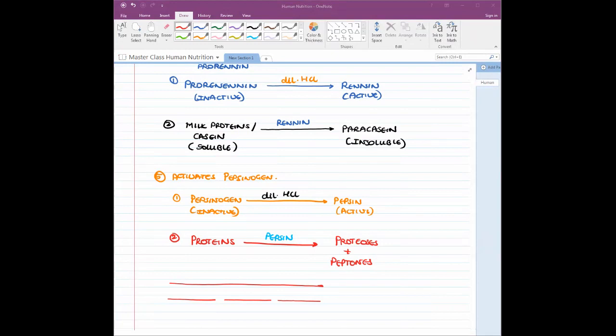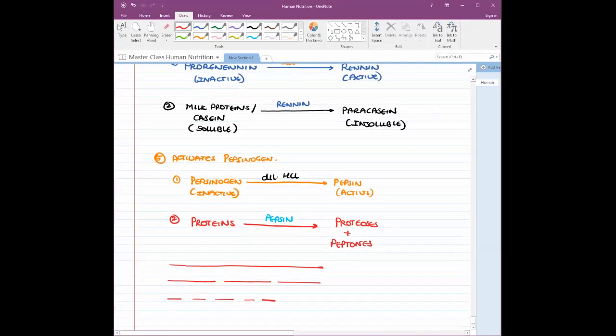Now these proteoses and peptones are further going to be broken down into smaller ones, which are called polypeptides. Now these polypeptides will further be broken down into dipeptides, like this. Dipeptide means only two amino acid molecules, and then this is converted into single amino acids, guys.